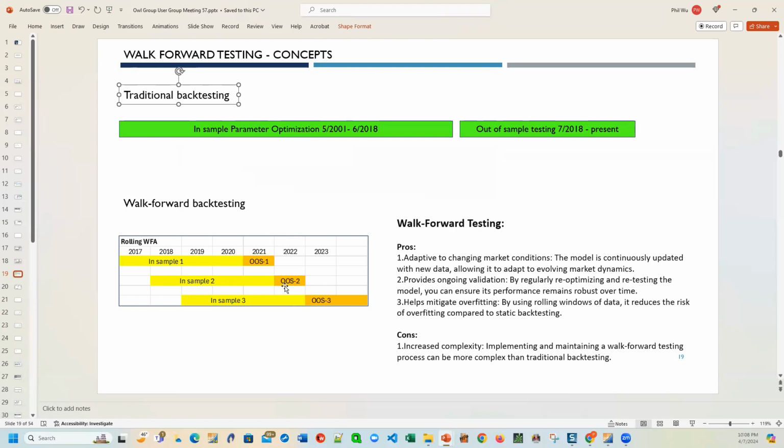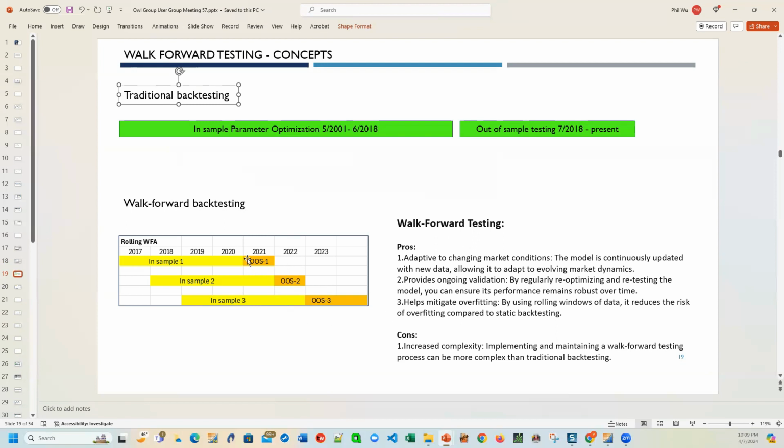So it's trying to mimic what we would do, because for example, let's say we come up with a system and with a set of parameters, but every so often, let's say 6 months or up to a year, we would want to rerun parameter optimization just to make sure that we're in sync with the market.